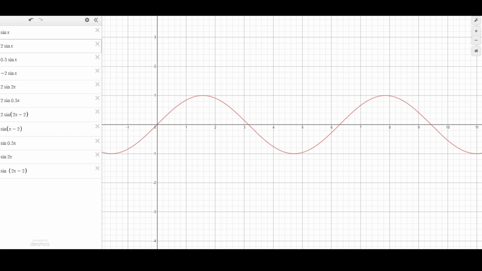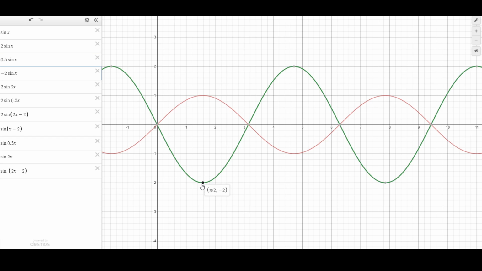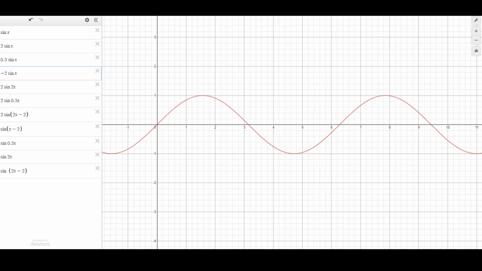Still, this will be an amplitude modification, but it also reversed it. As you can see, instead of positive 1 here, it is already -2. If you want to calculate the amplitude of the given function, you just take a look at what is multiplied. As you will see later, we will have a convention for this in the later examples. Okay, so let's proceed for now with the different transformations.